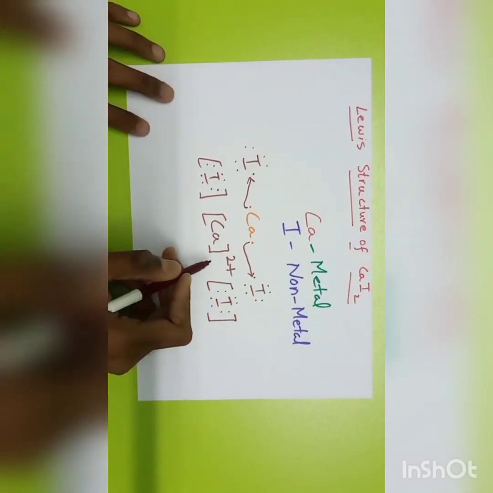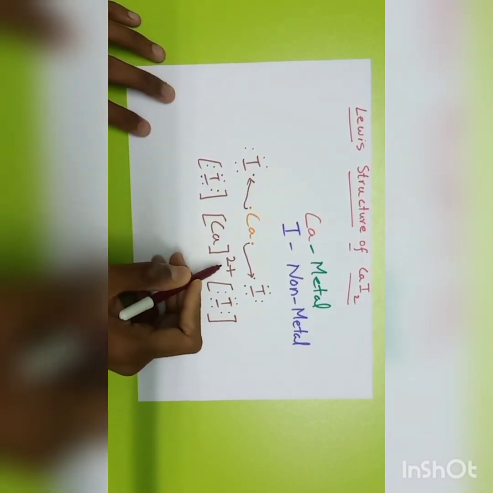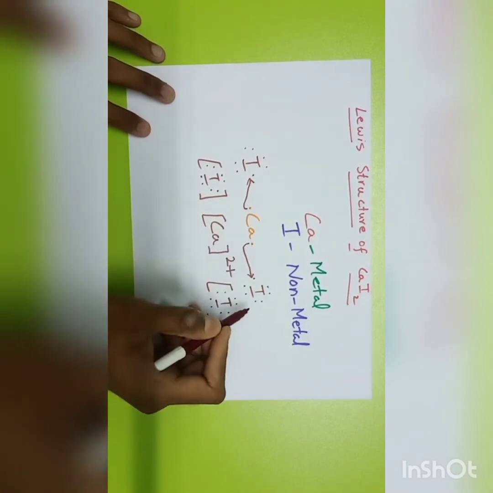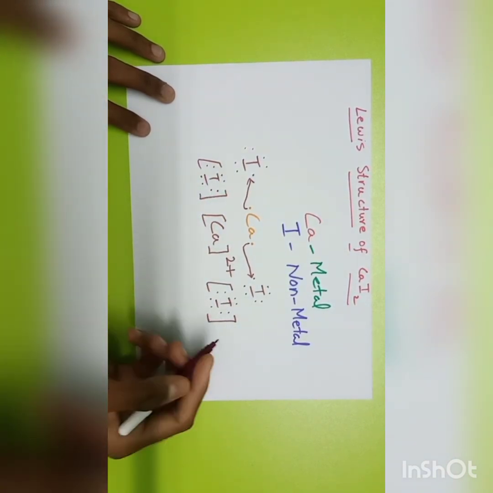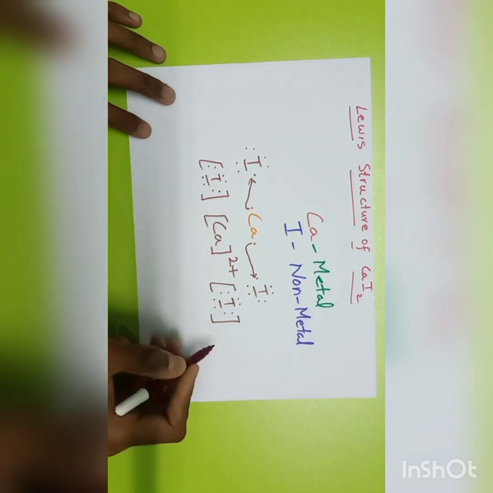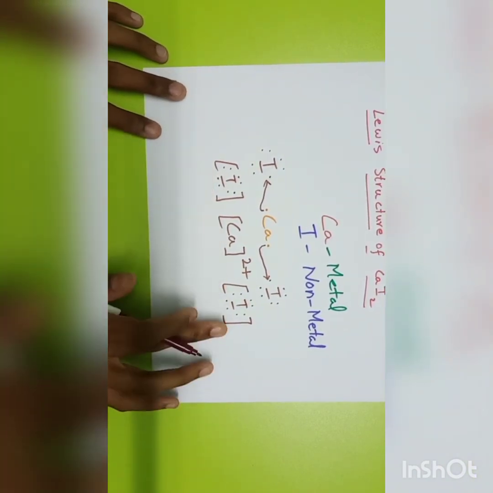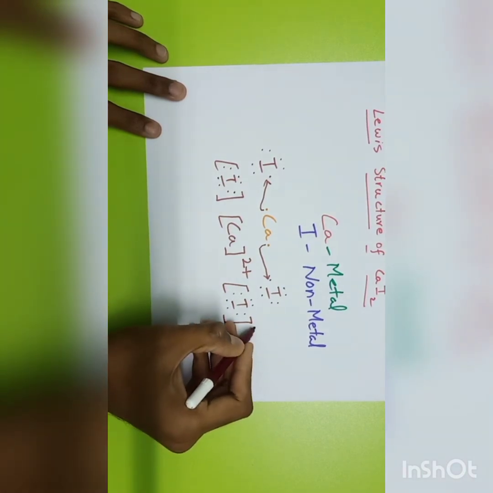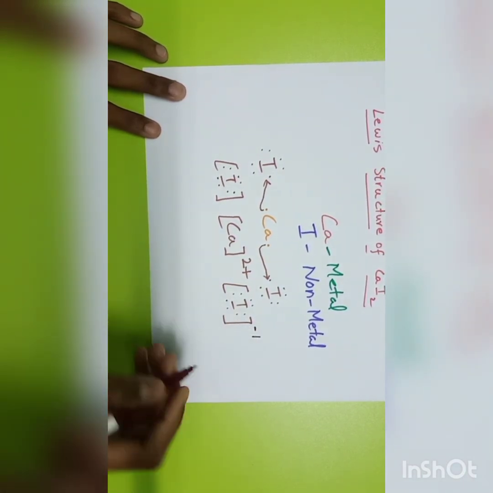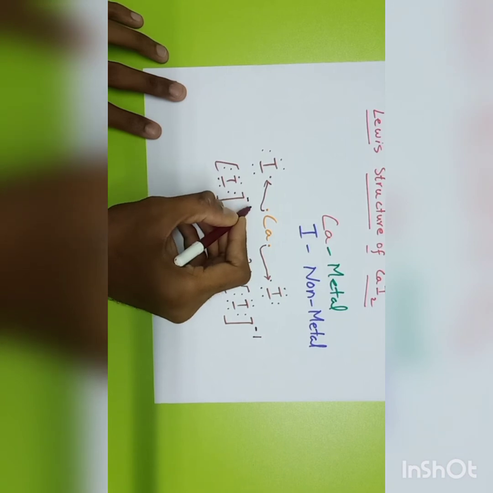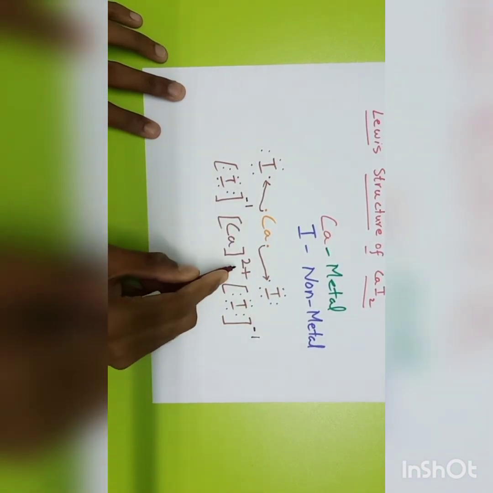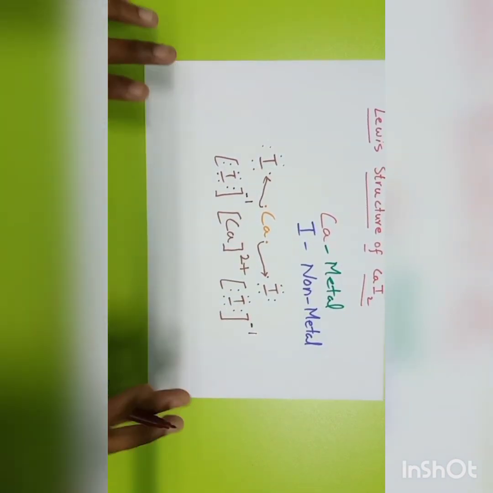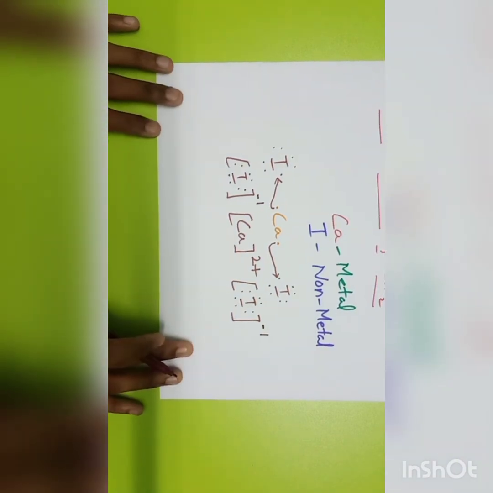Calcium has a positive 2 charge because it has given its 2 valence electrons to both the iodines, and hence these 2 iodines will have 8 electrons around them and they have attained their noble gas configuration. But here iodine will have -1 and this will also have -1, and since this is +2 and -2, the whole compound will be neutralized.